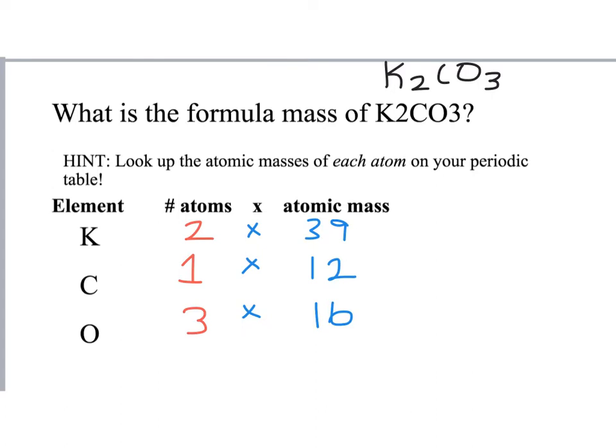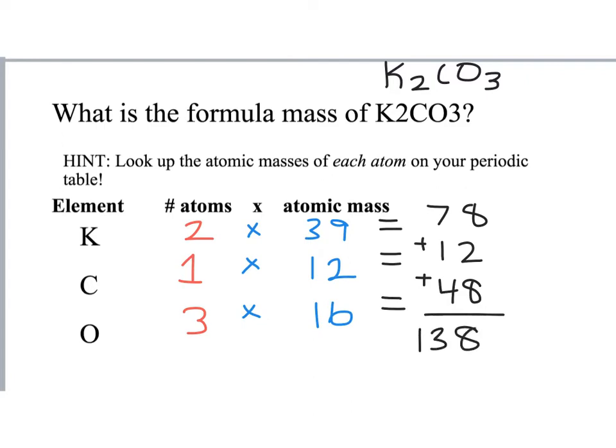So what we can then do is go ahead and set all of these equal, and what we're going to get is 78 plus 12 plus 48. And what you are going to be doing is just very simply adding all these numbers up. And we're going to do the math here, and we're going to find that overall, these add up to 138.